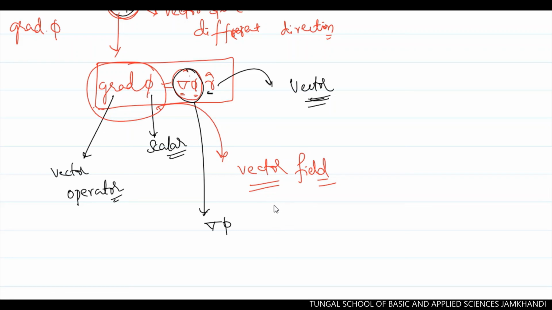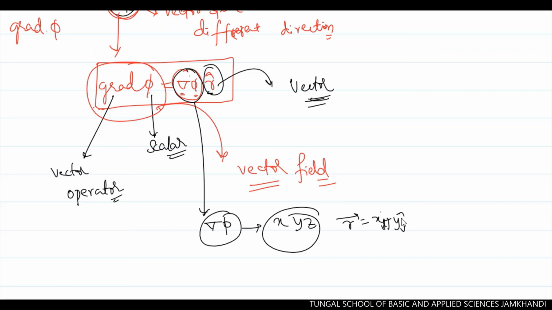The magnitude of this vector field is equal to the rate of change of that scalar function, or its variation along all three different coordinates, that is x, y, and z. And you can look at this r cap. R vector is nothing but x i cap plus y j cap plus z k cap here.